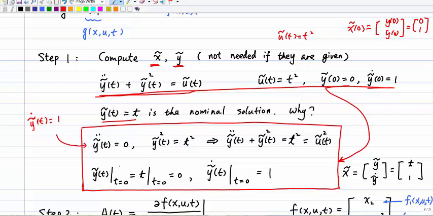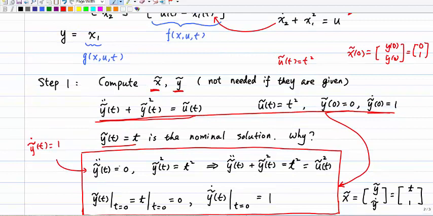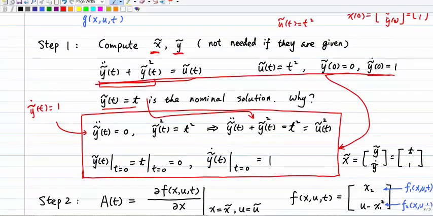So if I put them together, this is the left hand side. I have y tilde double dot(t) plus y tilde(t) squared, which is 0 plus t squared, equal to t squared, which is equal to u tilde(t), because u tilde(t) is t squared.